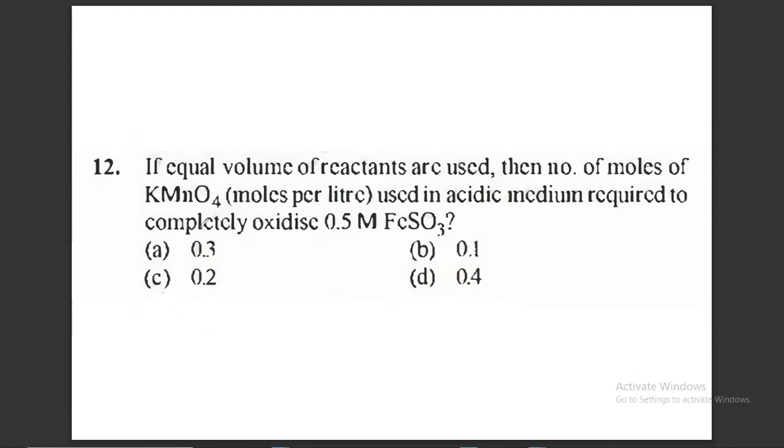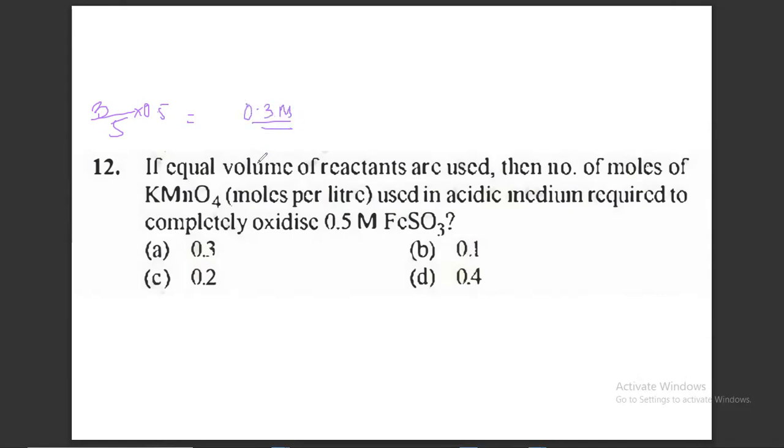So when you find the answer, it would be 3 by 5 times the moles of this 0.5. So what is the value of 3 by 5 times 0.5? It would be 0.3 molar.